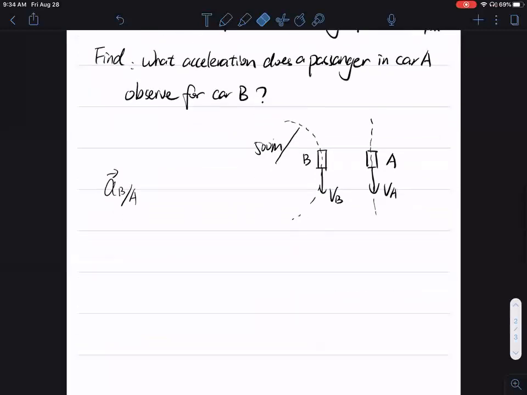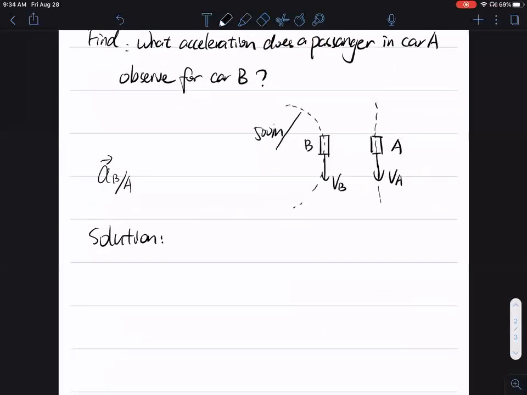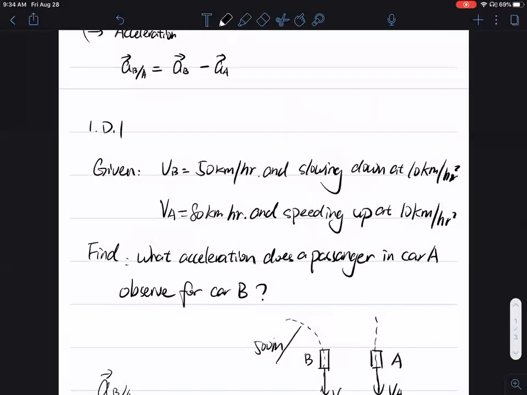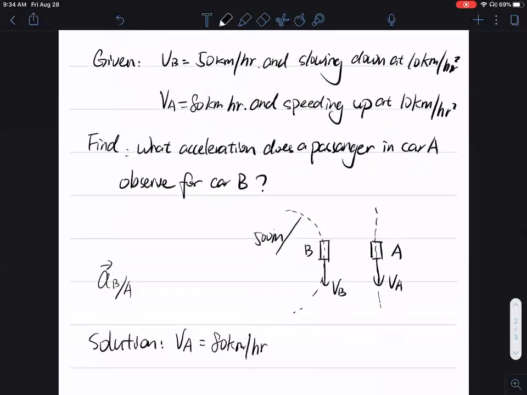All right, now let's look at this question. What we know? We know VA, the speed of A, is 80 kilometers per hour. Here we have multiple different units: meters, kilometers, hours.